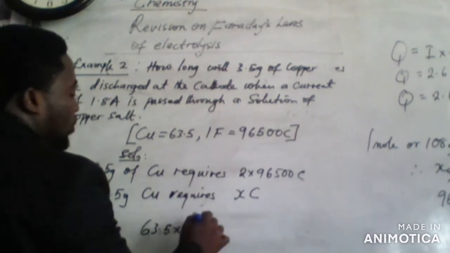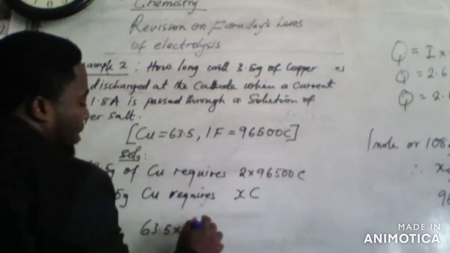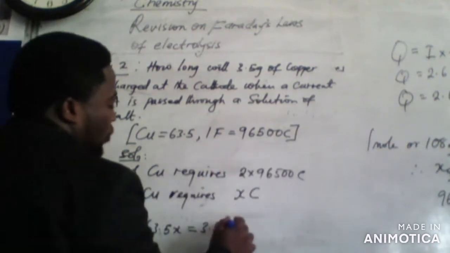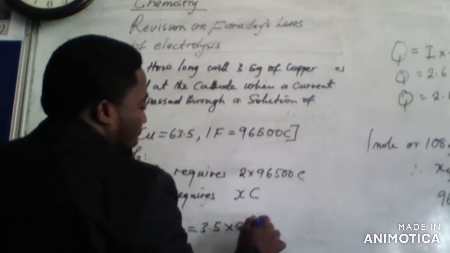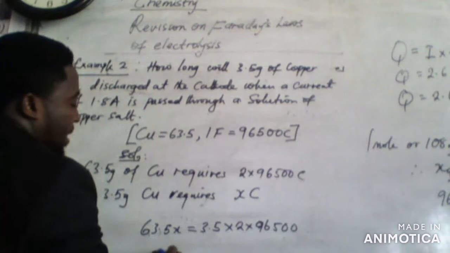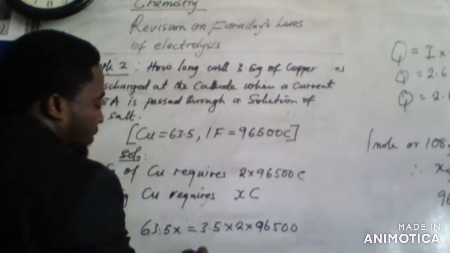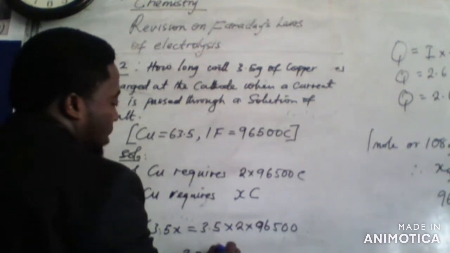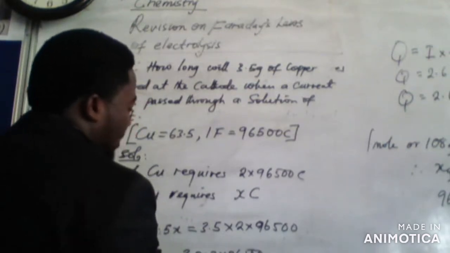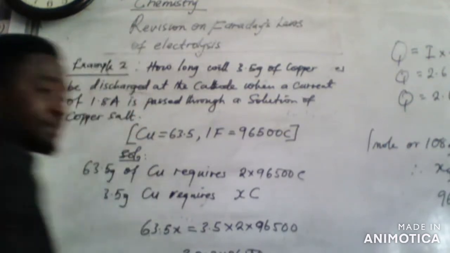And that is equal to, when I cross multiply from this side, 3.5 times 2 times 96500 coulombs. So X will be equal to 3.5 times 2 times 96500 divided by 63.5.